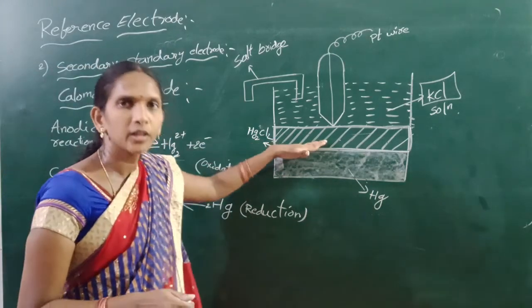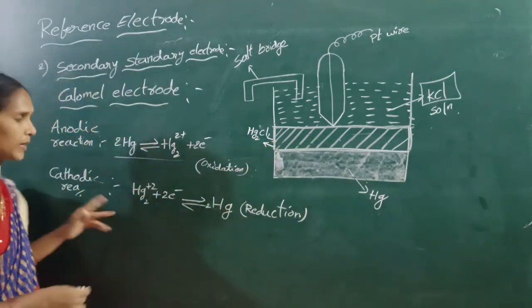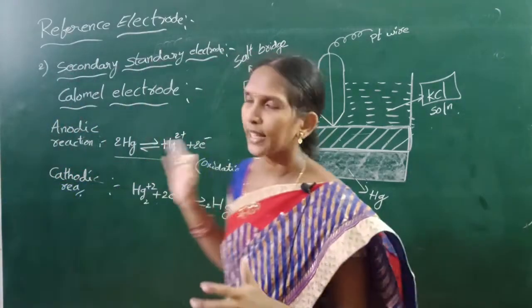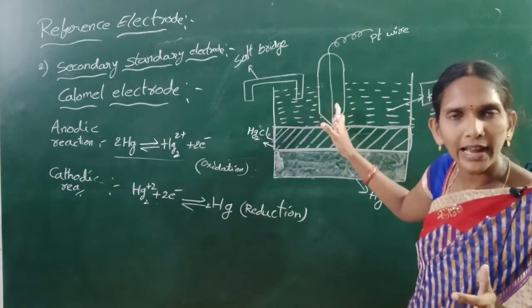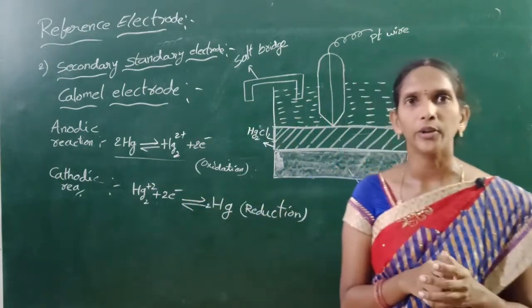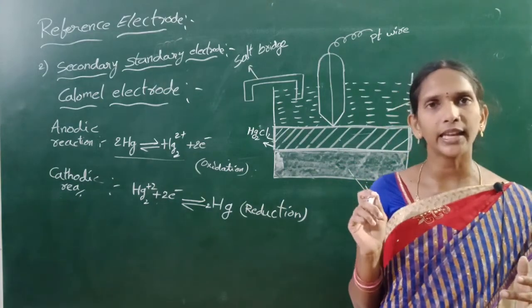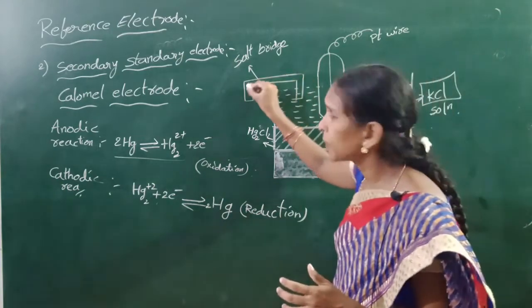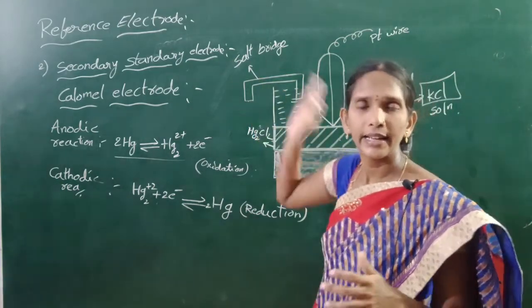If reduction takes place, the cathodic reaction is possible. That means this calomel electrode acts as both anode or cathode, depending upon the attachment of another electrode.